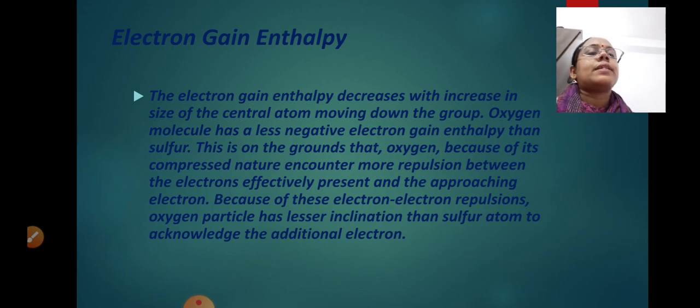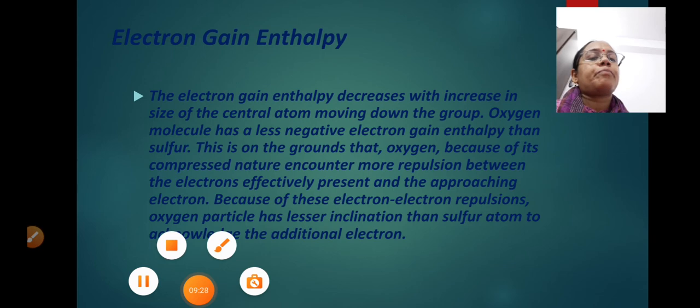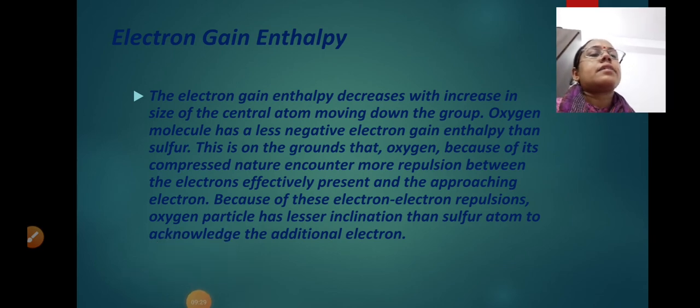Oxygen has less negative electron gain enthalpy than sulfur, because the size of sulfur is bigger than the size of oxygen. First point. And the second point is that the atomic number of sulfur is more than the atomic number of oxygen.